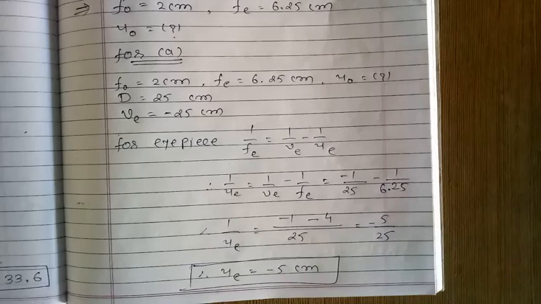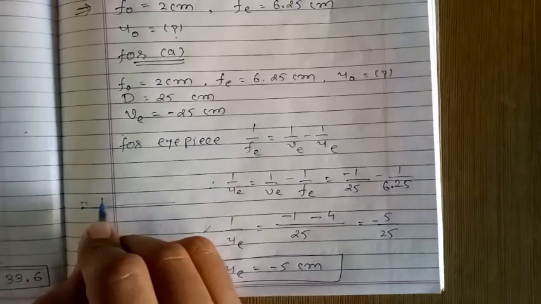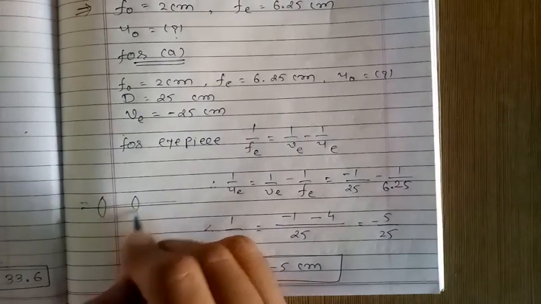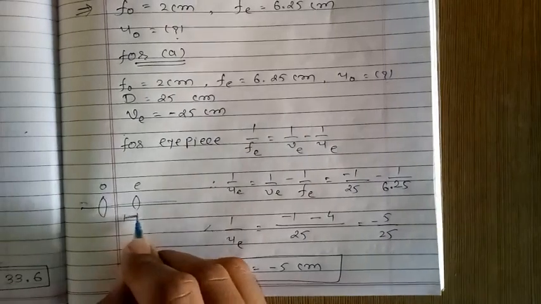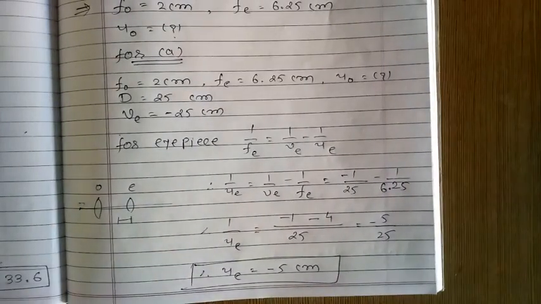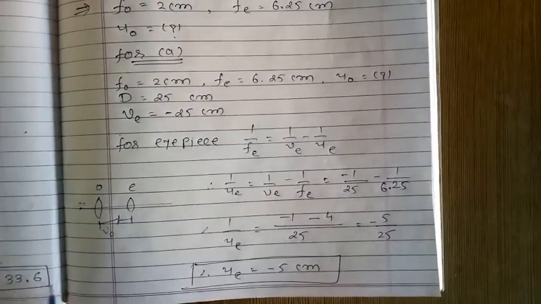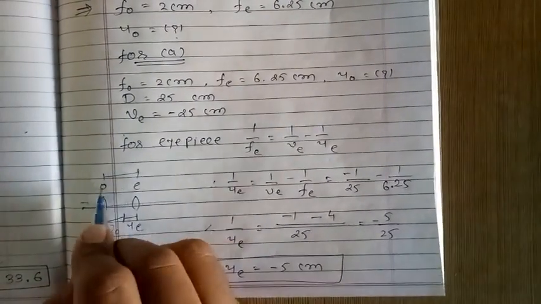Right. Now we know the object distance for the eyepiece. In the compound microscope diagram, this is the objective and this is the eyepiece. This is the image distance for the objective, which we denote by VO, and this is the object distance for the eyepiece, UE.